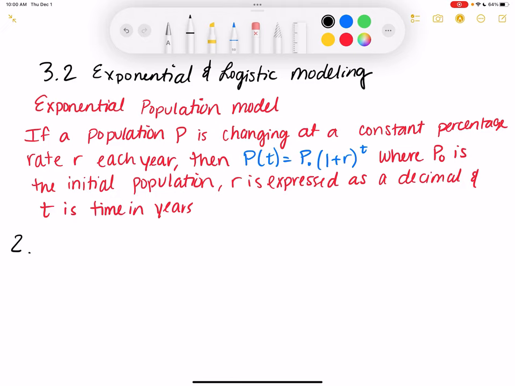All right, so you say tell whether the function is an exponential growth function or exponential decay function and find the constant percentage rate of growth or decay. So P of T is equal to 4.3 times 1.018 raised to the T. So our P sub 0 is 4.3.